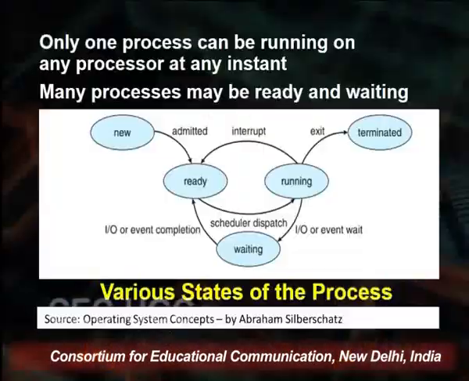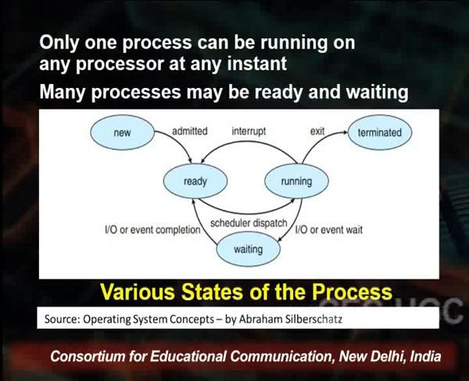So, that is the new process. Then after becoming ready to get the CPU, it comes under the ready queue, or it comes under the state of being ready. And here we also have one queue which is known as the ready queue, and that ready queue is managing all the processes which are ready.